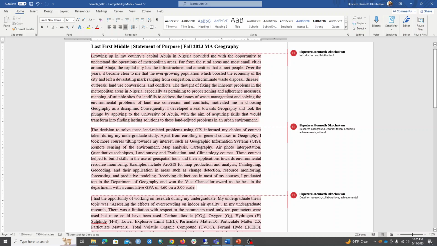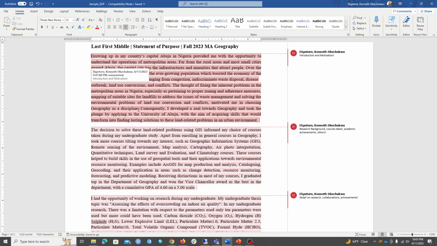The thought of fixing the inherent problems in metropolitan areas in Nigeria, especially as pertaining to proper zoning and adherence measures, mapping of suitable sites for landfills to address these issues of waste management and solve the environmental problems of land use conversions and conflict motivated me in choosing geography as a discipline.